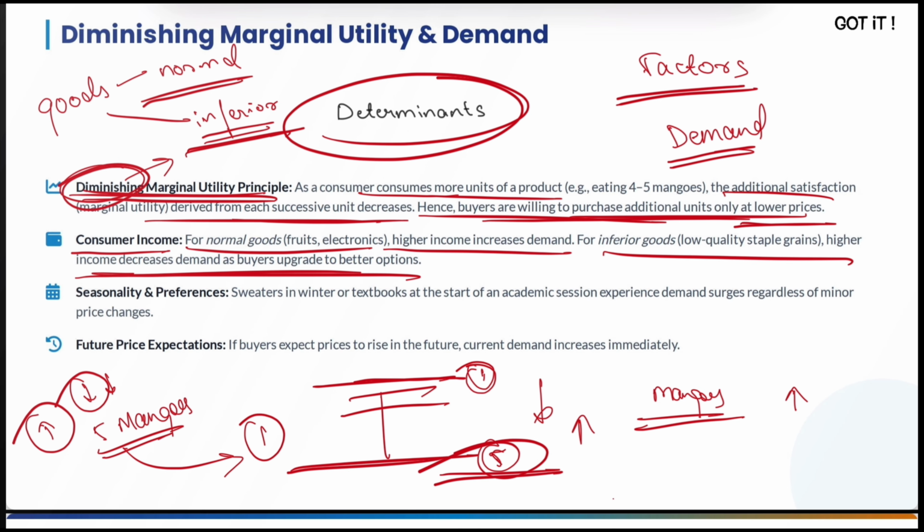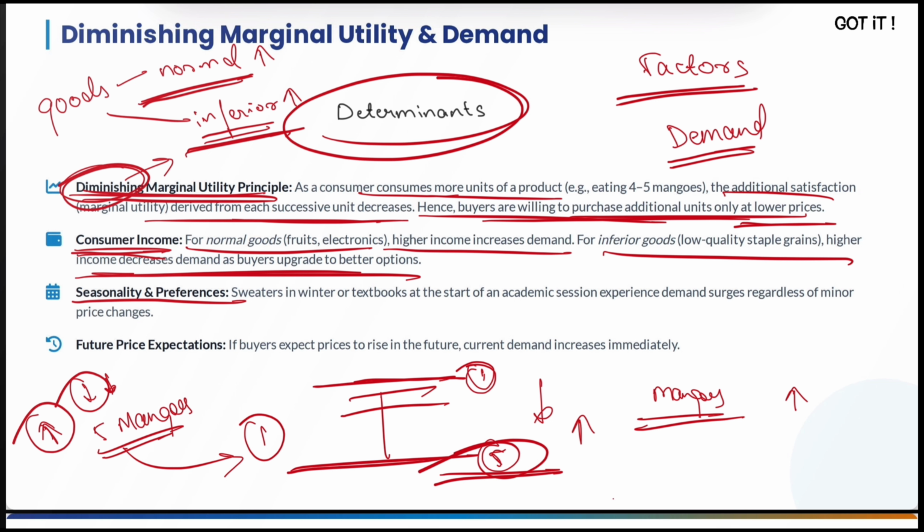So if your income is less, then the inferior goods will have a plus. You will buy them more. If your income is more, then the use of the normal ones is increasing. So that is the relation. The relation of consumer income will be different for normal goods as well as for inferior goods.